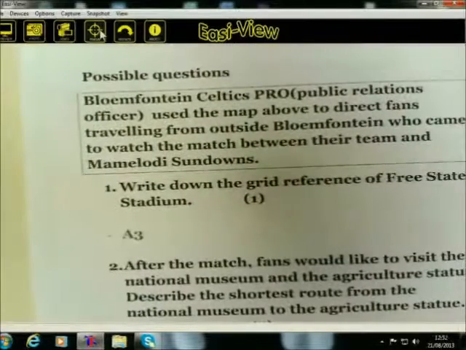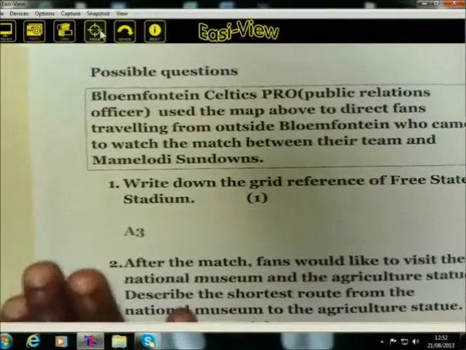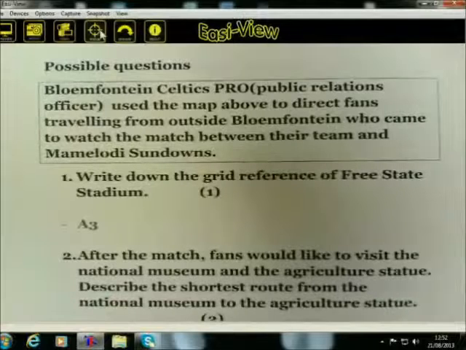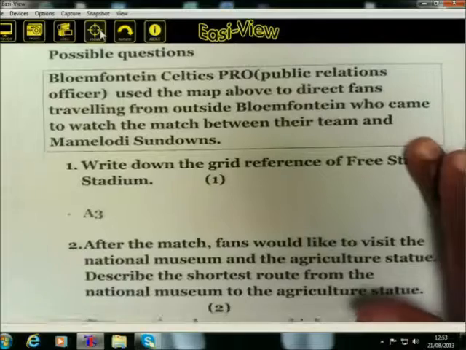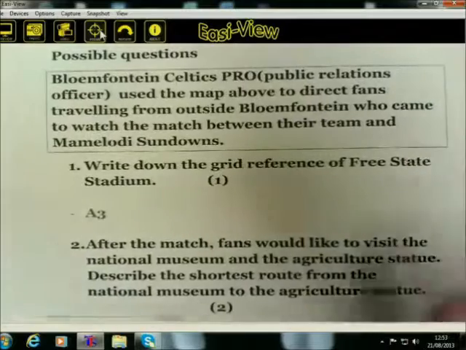Now the second question is saying, after the match, fans would like to visit the National Museum and the agriculture statue. So describe the shortest route from the National Museum to the agriculture statue. And for this question, you'll only get 2 marks. Let us go to the map.